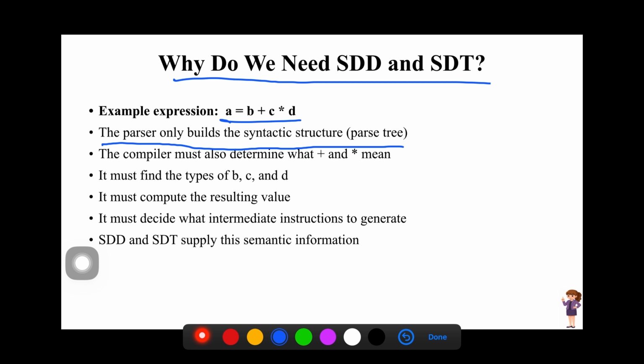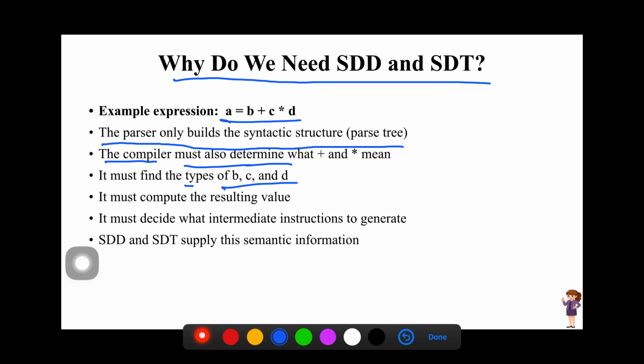For example, it needs to know the type of B, C, and D. It needs to understand the multiplication should be performed before addition because of the operator precedence. It may also need to generate the intermediate code. For example, T1 equals C into D, T2 equals B plus T1, A equals T2.